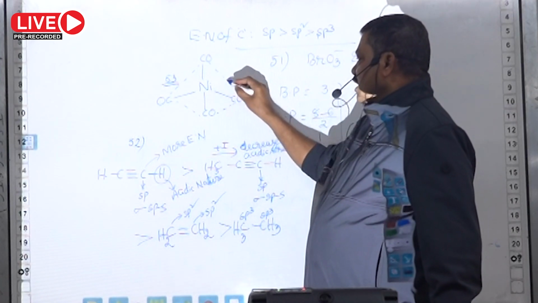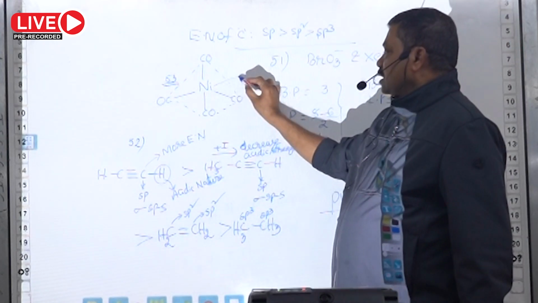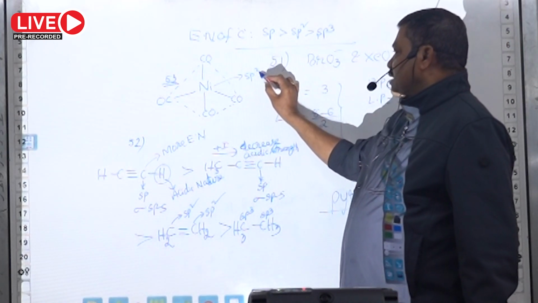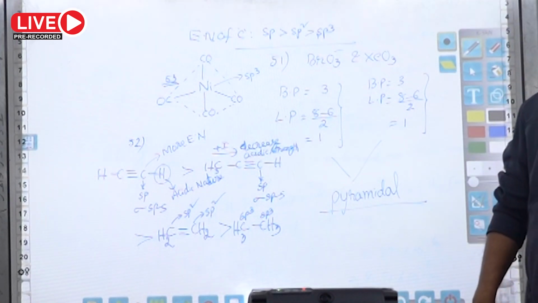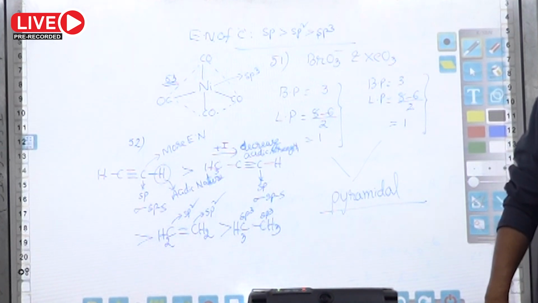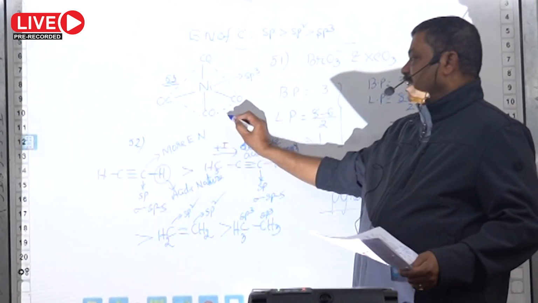Write on A4 size paper, so that whenever structure based questions are there, you can easily answer. Nickel carbonyl is sp3 hybridized and it is tetrahedral.